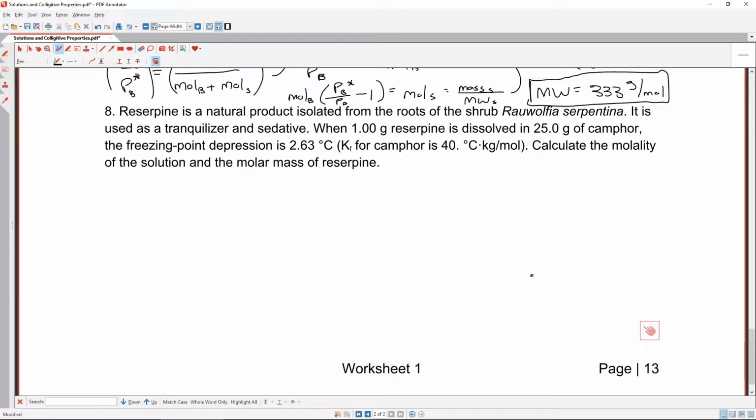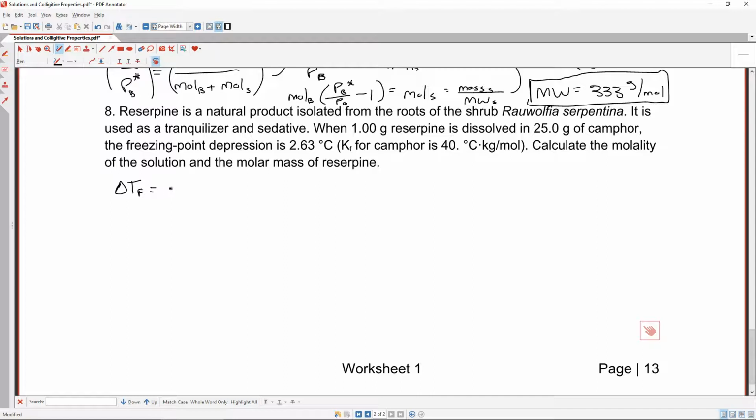The freezing point constant for camphor is 40 degrees Celsius kilograms per mole. Calculate the molality of the solution and the molar mass of R. Okay, so right away we can say that delta Tf is equal to... I'm going to assume that it doesn't dissociate because we have no way to tell if it's an electrolyte or not.